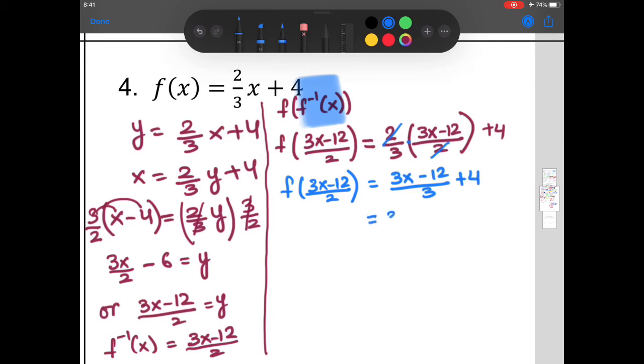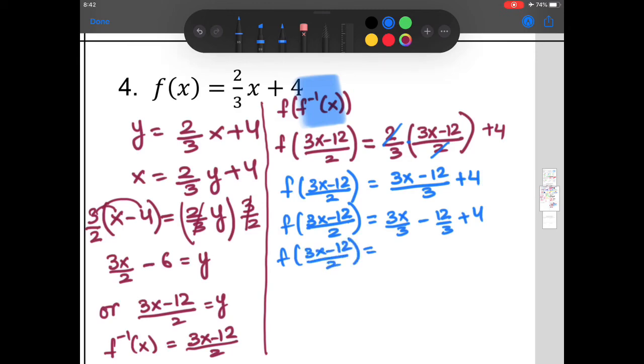If I separate it, I can write 3x over 3 minus 12 over 3 plus 4, which simplifies to x minus 4 plus 4, which is just x.